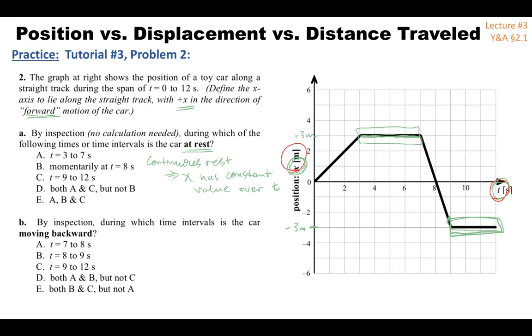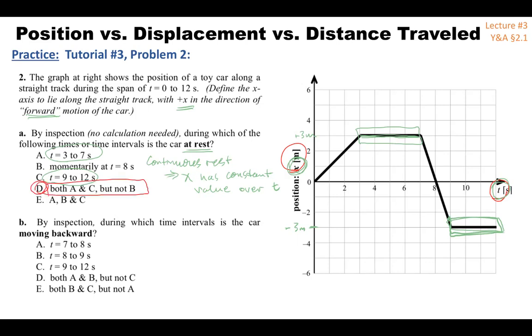So here, the car is going from a positive slope to a zero slope to a negative slope to a zero slope. So nope, I don't see any moments of instantaneous rest. So basically, I see that 3 to 7 seconds the car is at rest, 9 to 12 seconds the car is at rest. So that means the best answer for this problem is A and C.